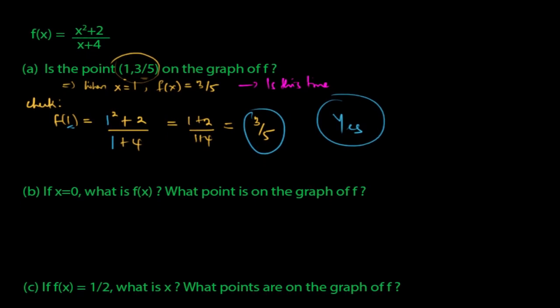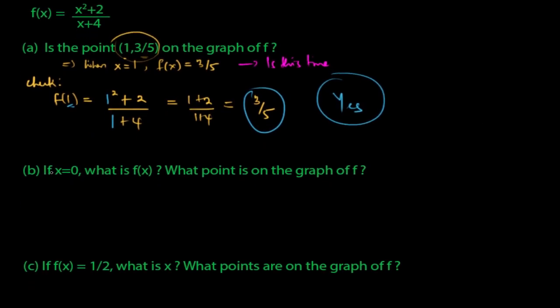So let's go to the next question. It says, if x equals 0, what is f of x? So let's solve that too. When x equals 0, we want to find f of 0. Anywhere we see x, we replace it with 0.